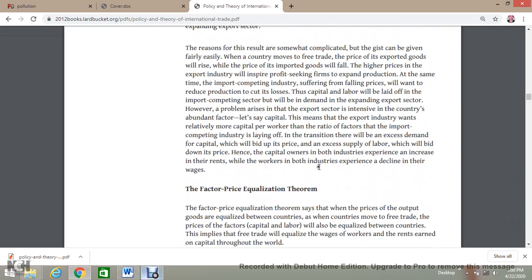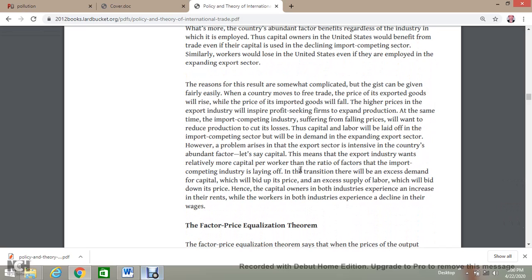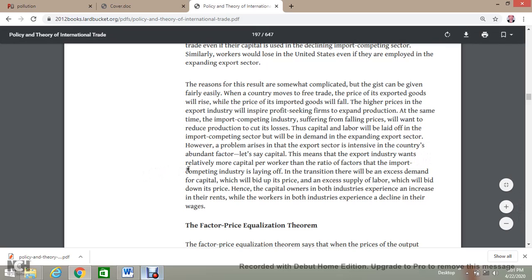So now let us understand the capital. This means that any export industry wants relatively more capital per worker than the ratio of factors that the import competing industry is laying off.